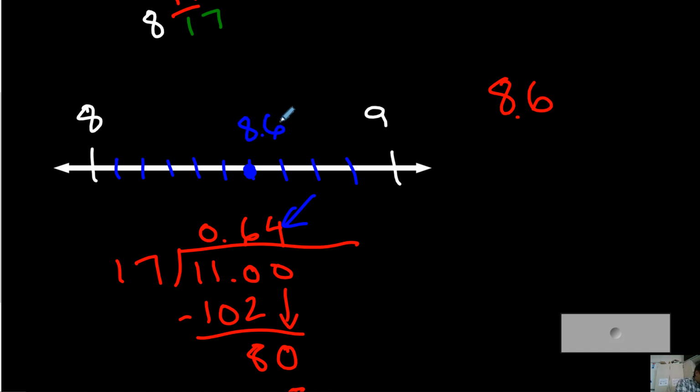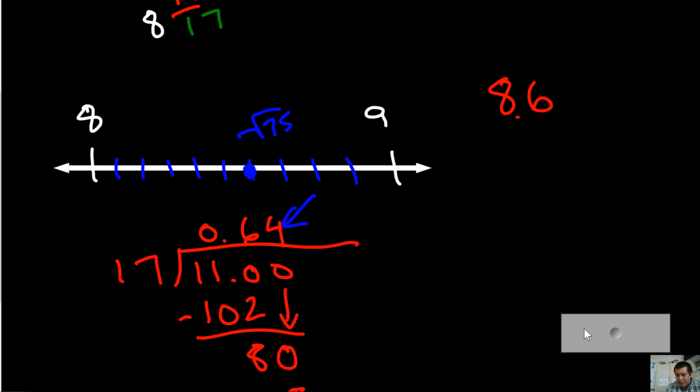Actually, I should have written the square root of 75. The square root of 75 is going to be approximately right here.